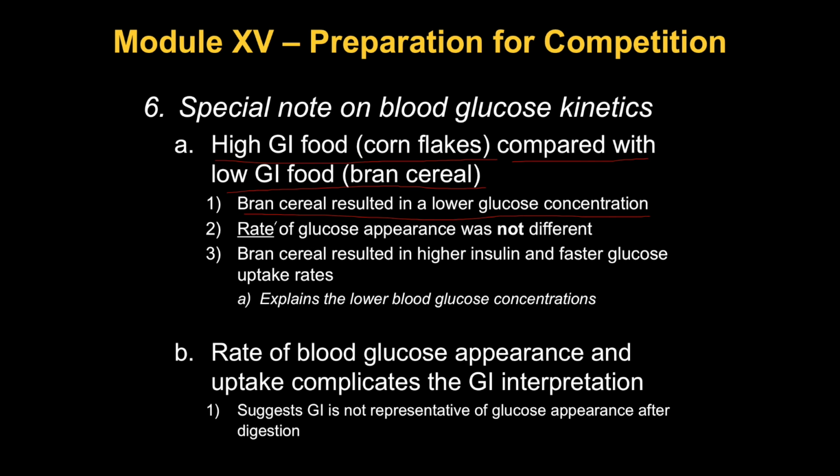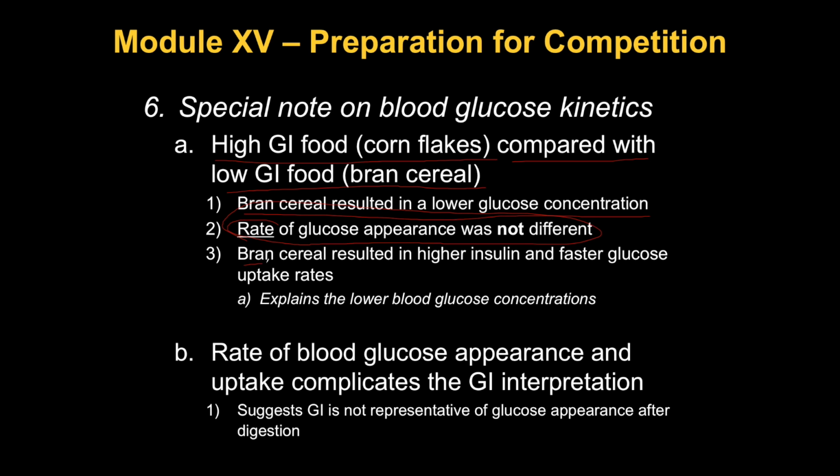But here's the interesting part. The rate of glucose appearance was not different between these two types of food. So in other words, the absorption of that glucose was exactly the same. There was no difference.